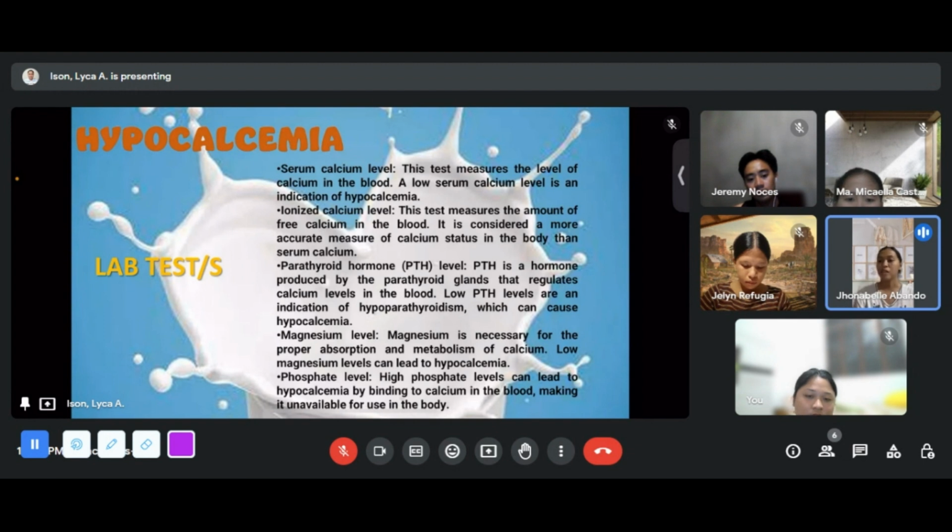So, these medications ay maaaring makaapekto din sa ability ng kanilang katawan na mag-absorb ng calcium mula sa pagkain o mag-release ng calcium mula sa katawan.